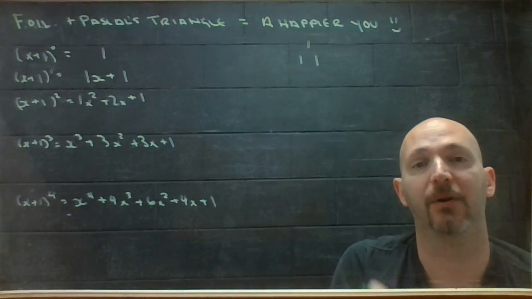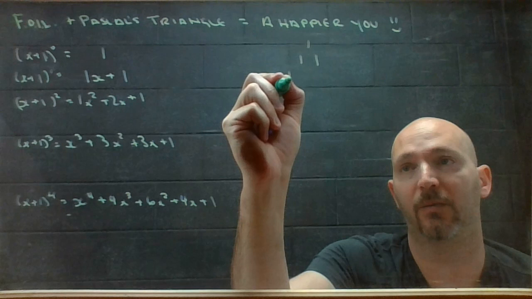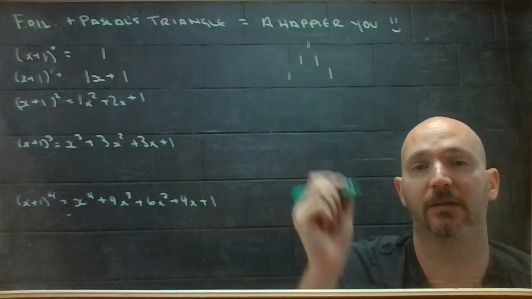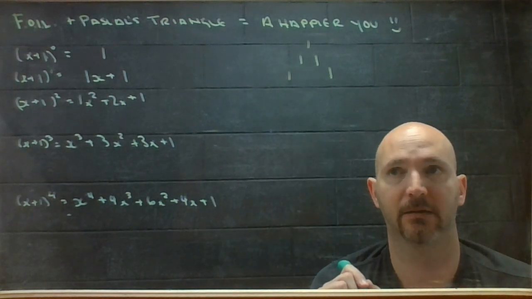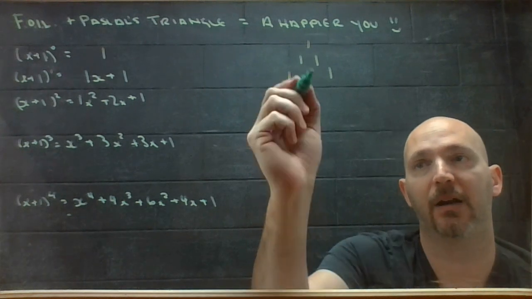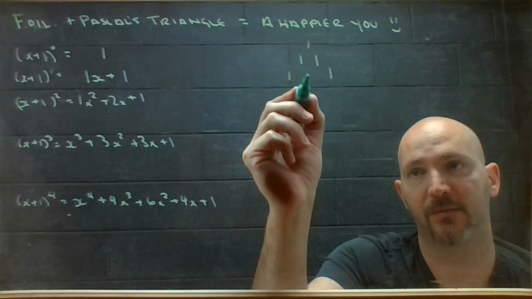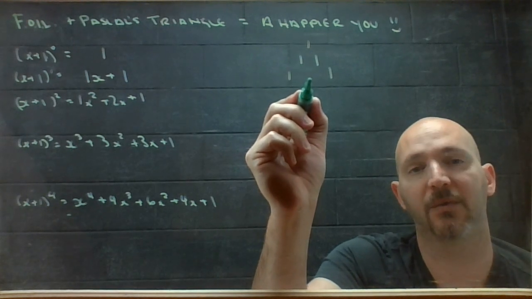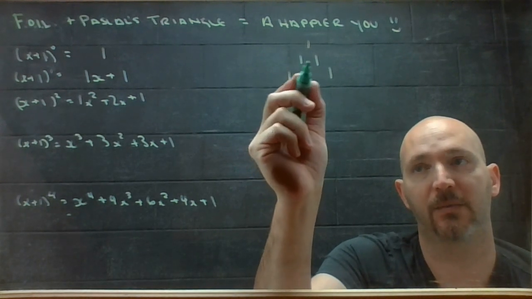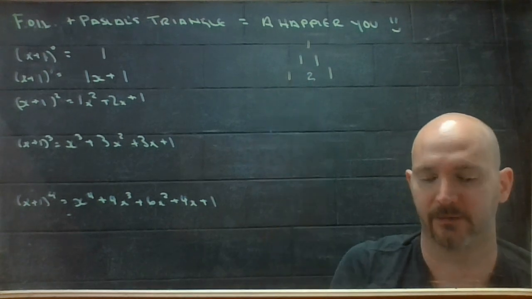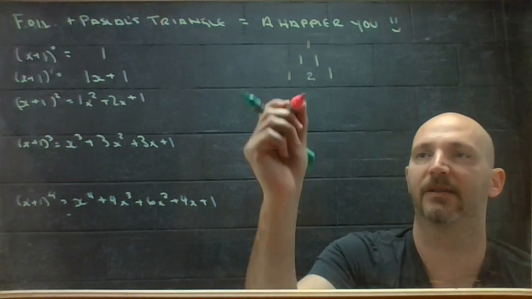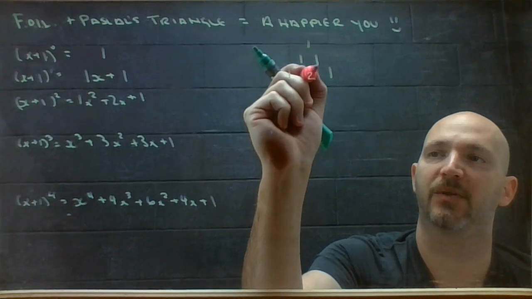If you want to add a row to the triangle, you add a 1 at the end and a 1 at the beginning. And any space that's between two numbers, like right here, you get the number there by adding those two together. So 1 plus 1 is 2. There's kind of some arrows here. Those two numbers made that.